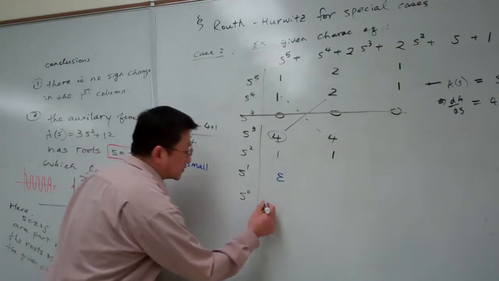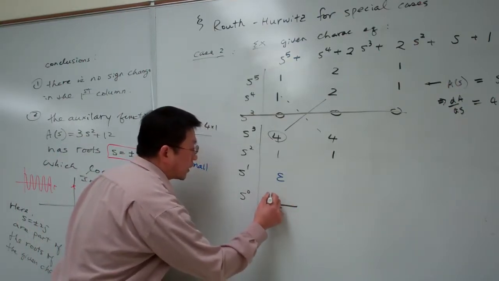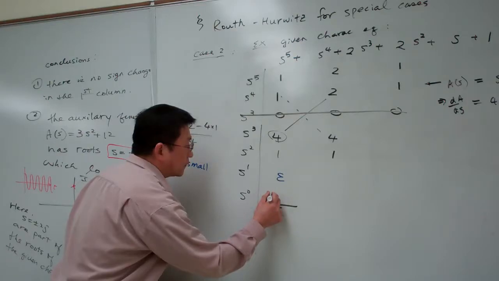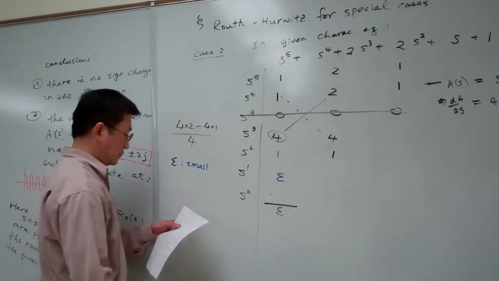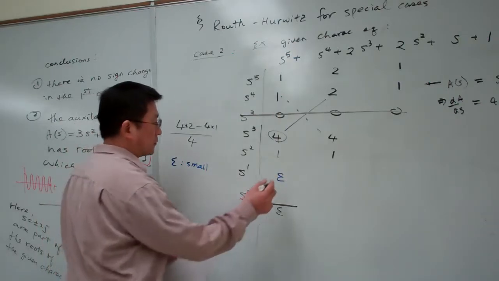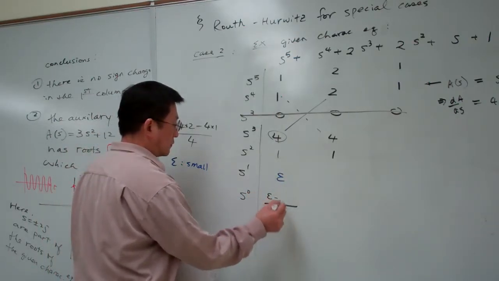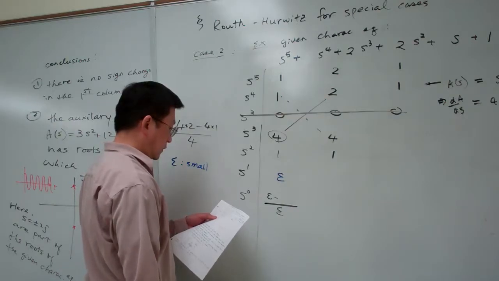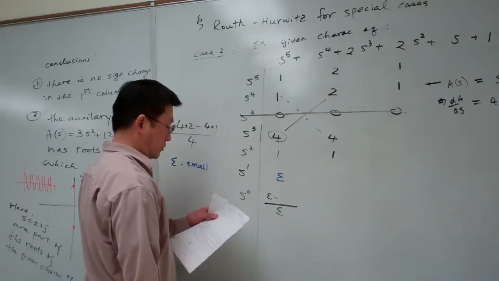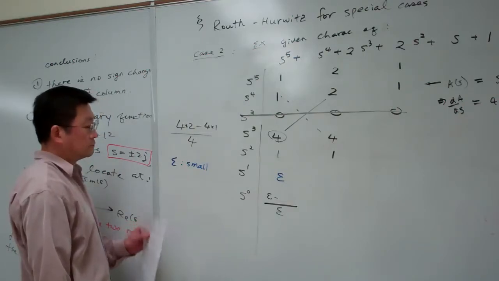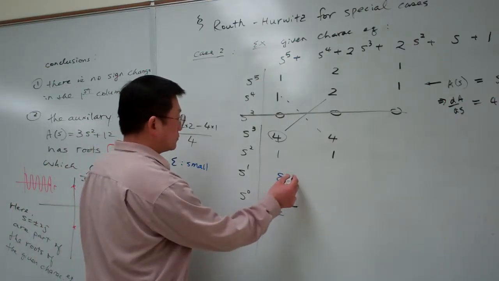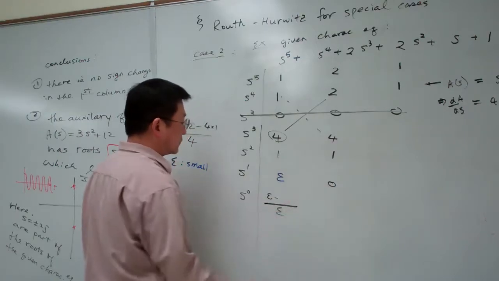So this one, basic calculation is epsilon, and is that right? So this is 0.